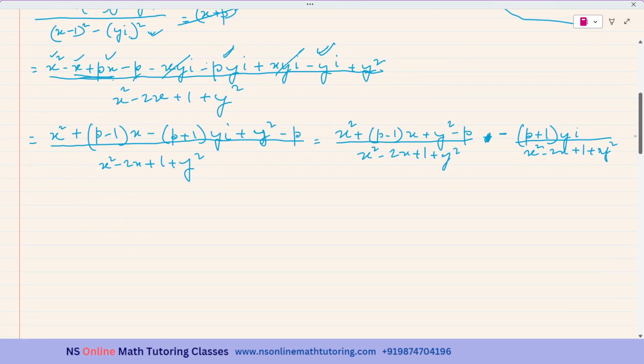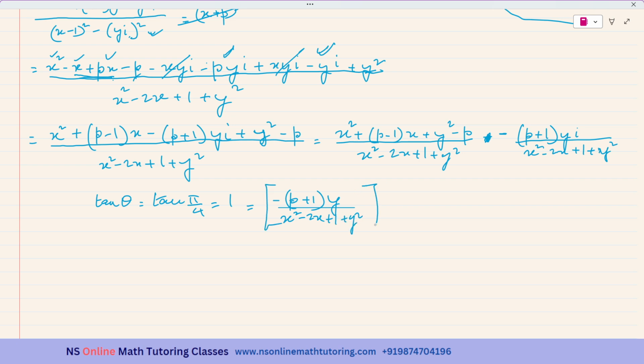Okay. So what we can do is, we can write tan theta is equal to, where theta is the argument, tan pi over 4, which is equal to 1, is equal to minus (p plus 1) y over x² minus 2x plus 1 plus y².